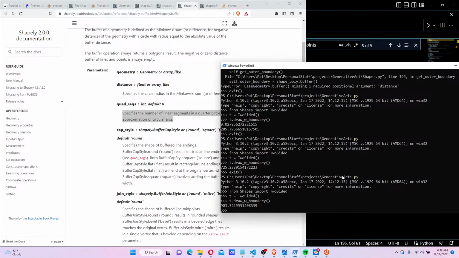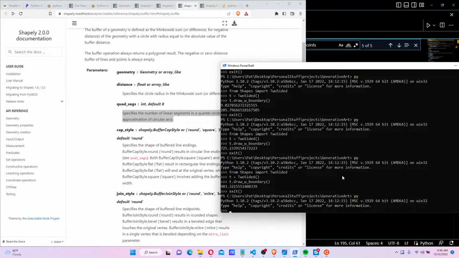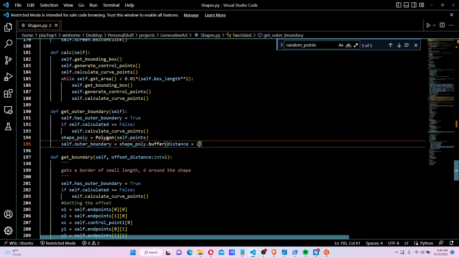So, wonder if quad segs is equal to something larger, it will look better. Quad segs is equal to 32. Wonder if that will be much better.